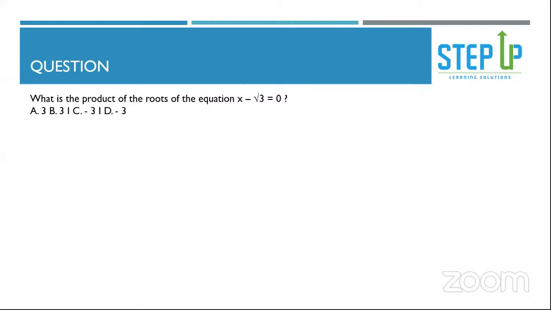Maybe 3. By what logic? X is equal to root 3.